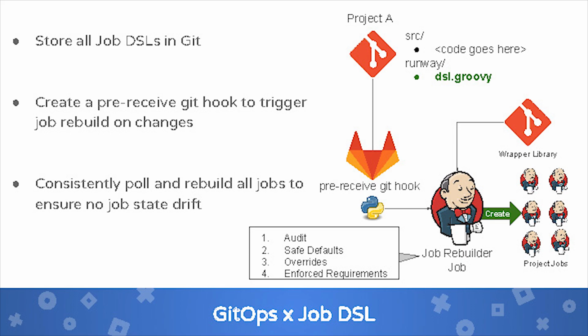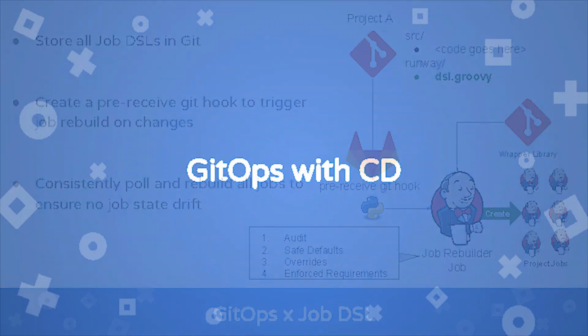You can provide safe defaults. So maybe you know that the enterprise artifact storage URL is this, and these are the credentials to default to. Ultimately, you can give developers overrides, so maybe they don't want to run these 3 commands. And you can enforce requirements. Sorry, corporate security says that all code must go through SonarQube, and there's no ifs, ands, or buts around it. We can enforce that standard.